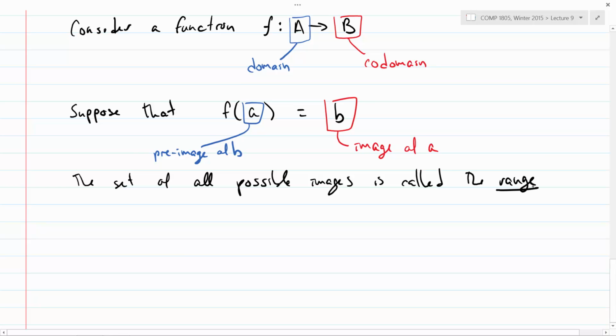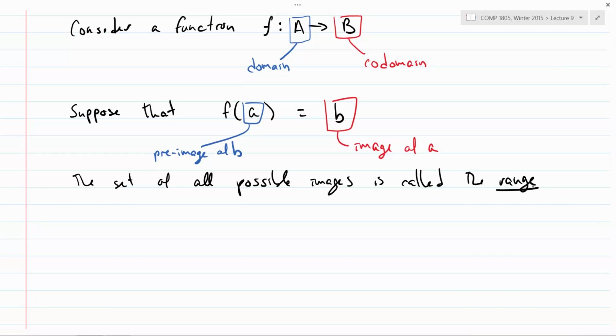So in the past, depending on how things went for you in high school, you might have heard of the domain and the range of a function, and usually we ignore talking about the codomain. So the range of a function is the set of outputs you actually get, and the codomain is the set of outputs that are possible.